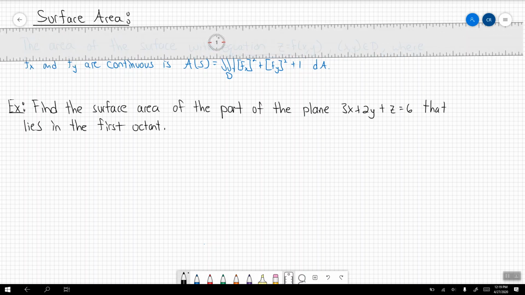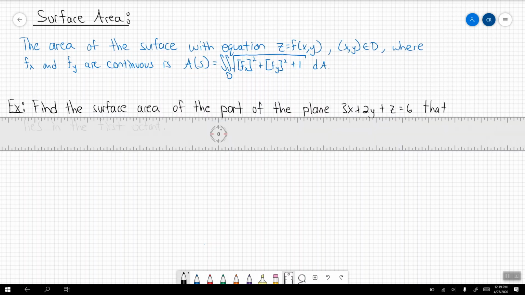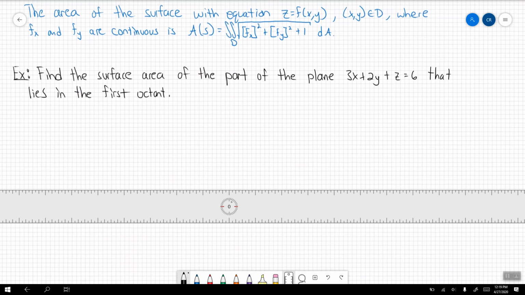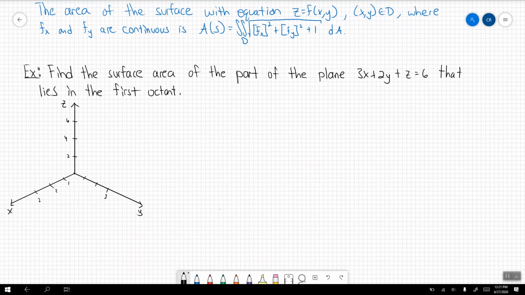Alright, so the first thing I'm going to do is get my x and y coordinate system in here. Here are my axes, x, y, and z. Now I'm going to start figuring out what the x, y, and z intercepts are. Whenever I'm trying to find my x-intercept, I set both y and z to 0.